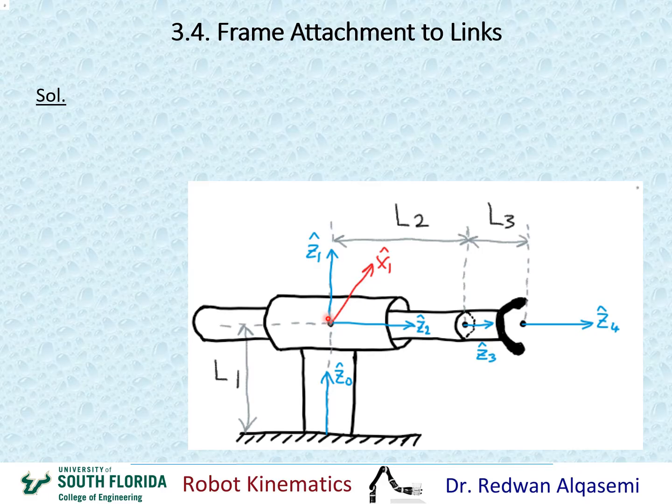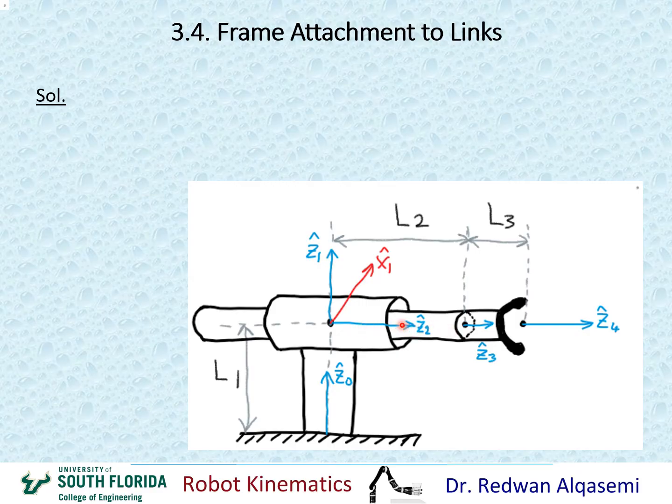Now for x2, it's the common perpendicular between Z2 and Z3. Obviously, what you see here, Z2 and Z3 are the same line. What that means is that any line that's perpendicular to the Z line, both of these Z's, would be a candidate for the x-axis.